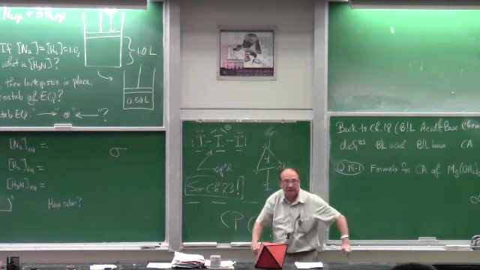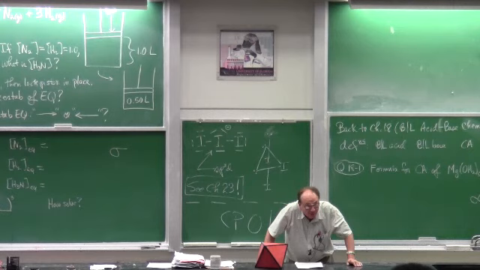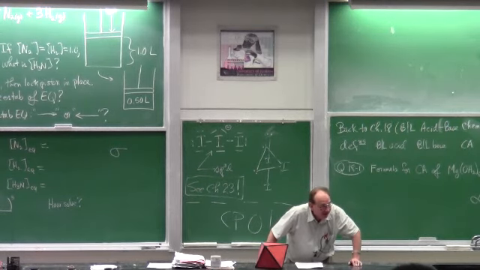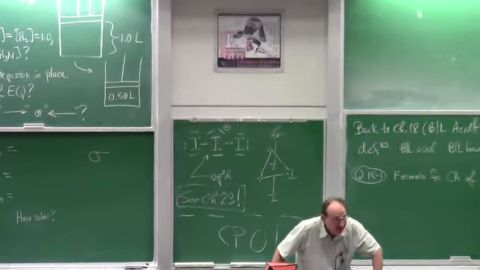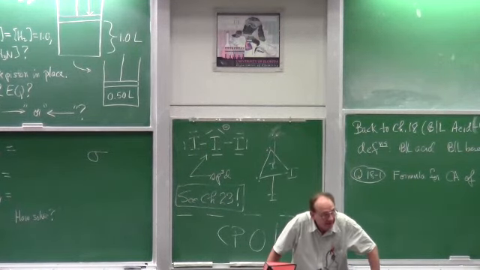Why not this? Because bonding pairs of electrons have more repulsive force than... They do? Do they? No. Not unless there are multiple bonds. The greatest repulsion is between bonding electron pairs? Nope. Unless there's multiple bonds. We don't have any multiple bonds here.